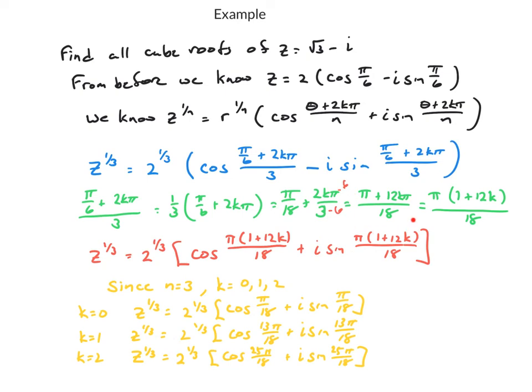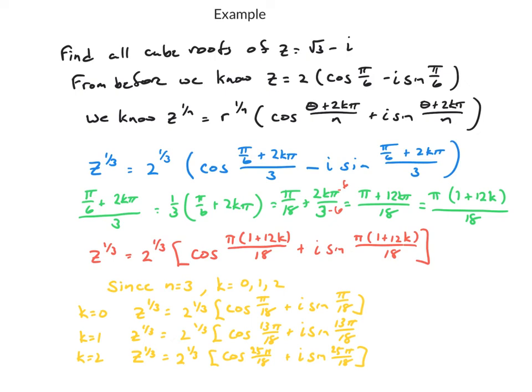Now that I have a common denominator, I can put it into a single fraction. The only thing I'm going to do now is pull out that factor of pi, so I have pi times 1 plus 12k over 18. It may not feel like it looks much better, but it's a lot easier to work with in this form.